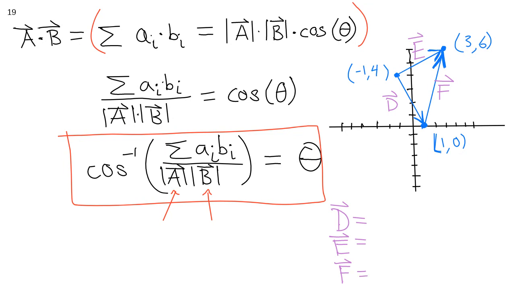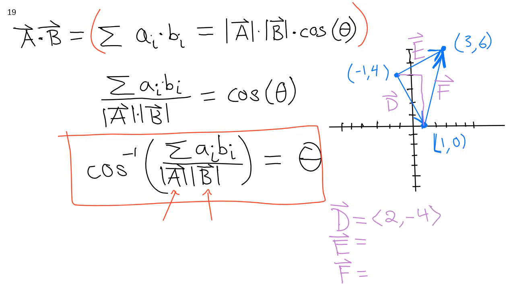You start at the tail, you go to the head. How many do you go in the X direction? How many do you go in the Y direction for D? 2 comma -4. For D you go 2, down 4. So the vector D is 2, -4.